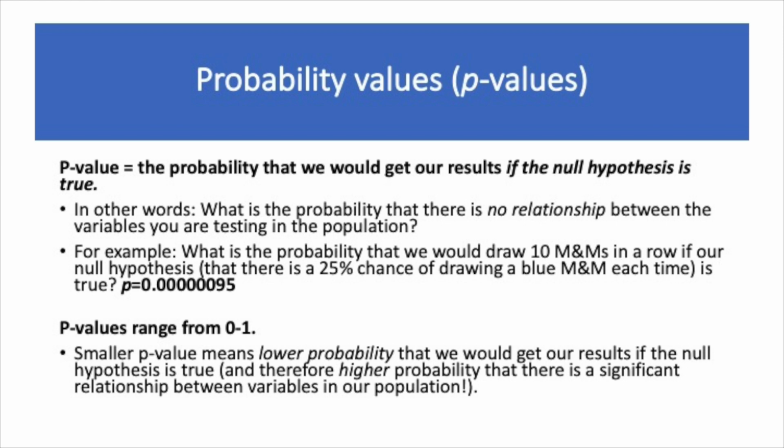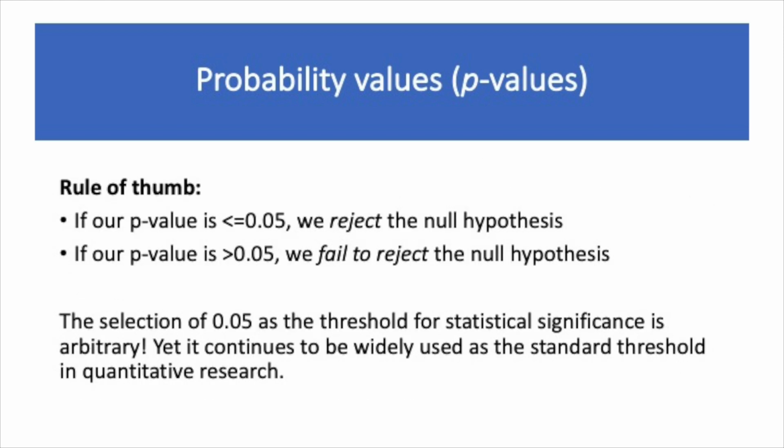Let's talk about what p-values can and cannot tell us. And also I'm going to give you a rule of thumb for determining whether our p-value means we have statistically significant relationships. So as I just said, we do have a rule of thumb for whether or not our p-value tells us we should reject or fail to reject our null hypothesis.